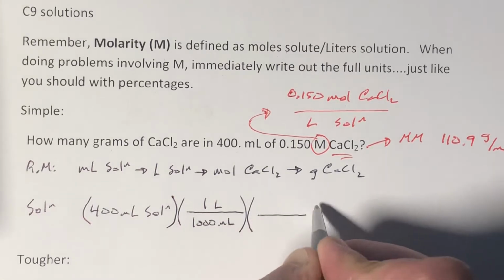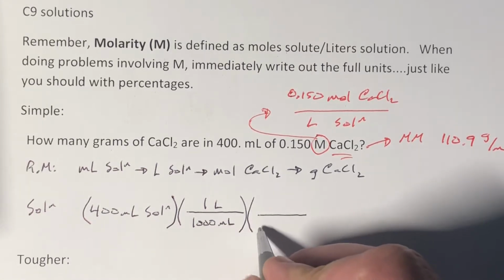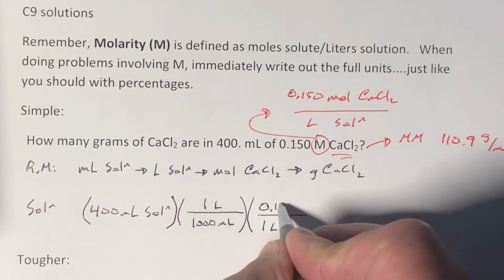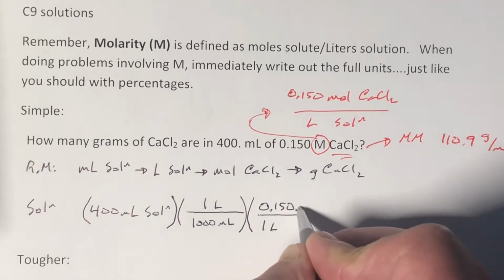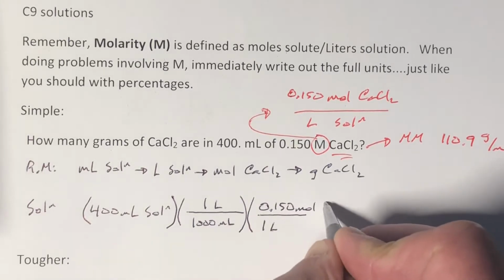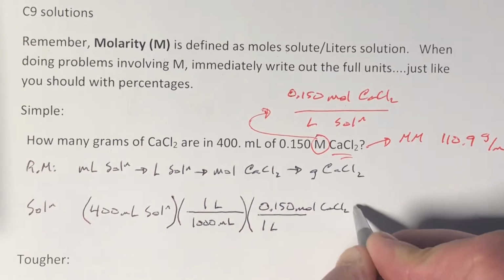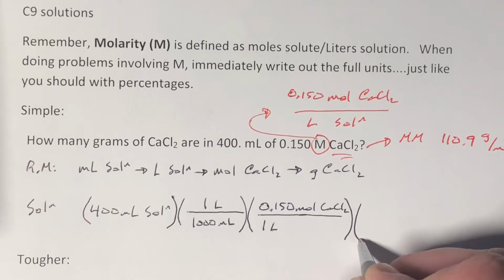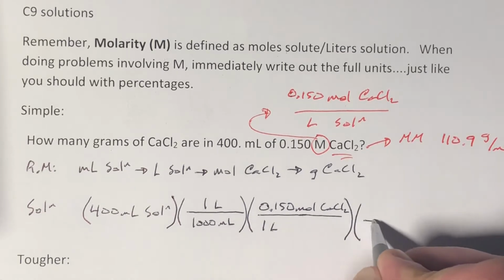We can now use the molarity, and that is that 1 liter of the solution is 0.150 moles of calcium chloride. And I want this answer expressed in grams.